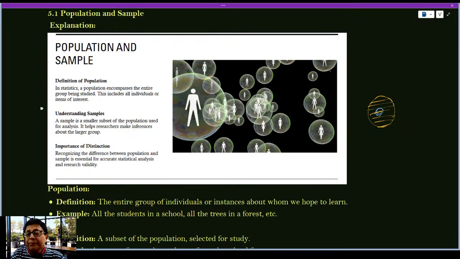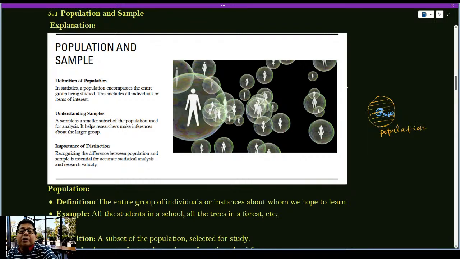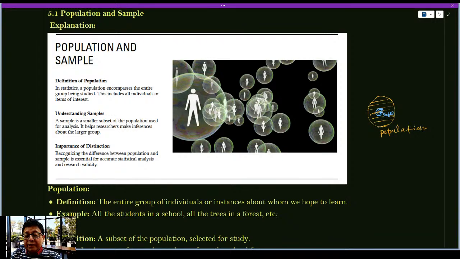Okay, sample may be like this. This is sample and this part is population. So a smaller part of population will be a sample.